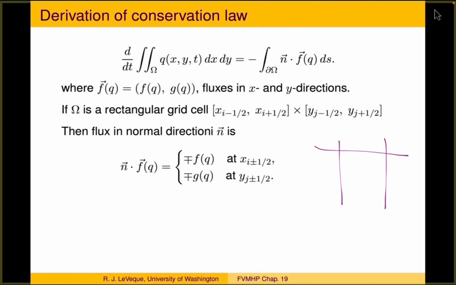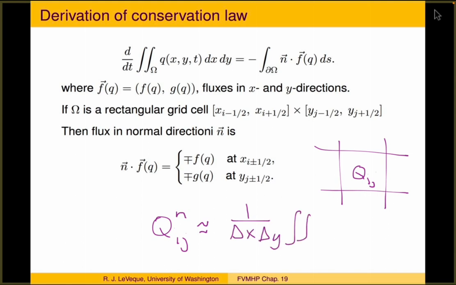If we have a grid cell and our Qij now is some cell average over this grid cell, so Qij at time n is some approximation to 1 over delta x times delta y times the double integral of Q over this particular grid cell, then when we integrate the outward pointing normal around the cell, this inner product of the normal with the flux vector results in the flux f at the left and right boundary.